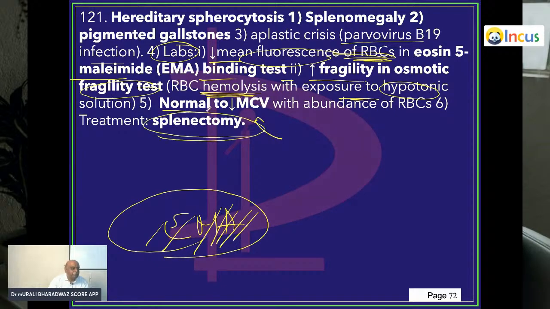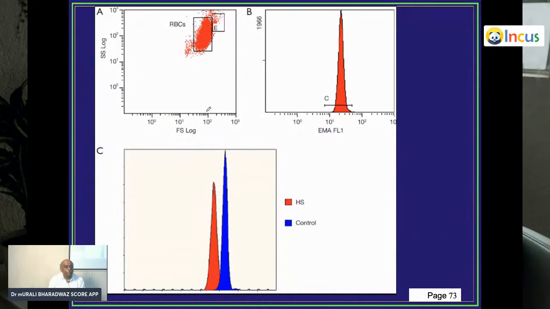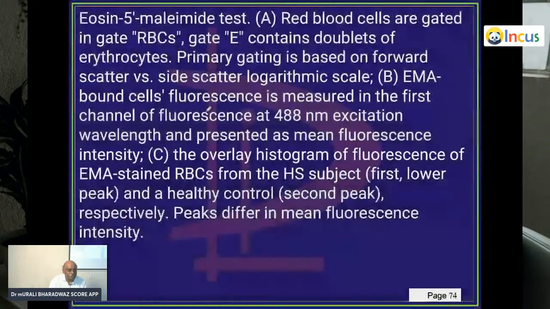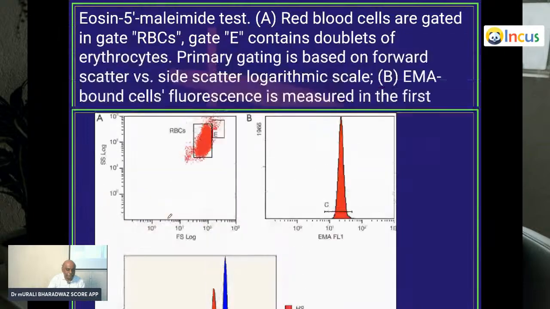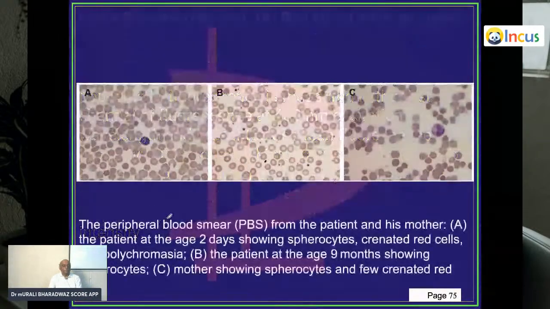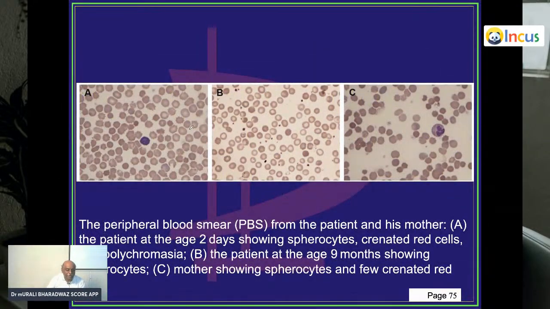And the treatment is splenectomy. So what is this, doctor? This is the eosin 5 maleimide test. This is how it looks: this is the control, this is hereditary spherocytosis. Then this is the peripheral blood smear of a patient at the age of 2 days, showing spherocytes, crenated RBCs, polychromasia.